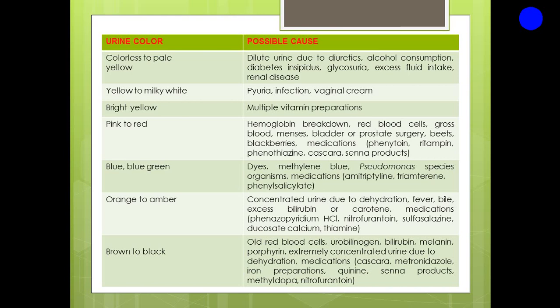Colorless to pale yellow shows the cause as a dilute urine due to diuretics, or the patient is an alcohol consumer, or is diabetic with diabetes insipidus, glucosuria, excessive fluid intake, or renal disease.